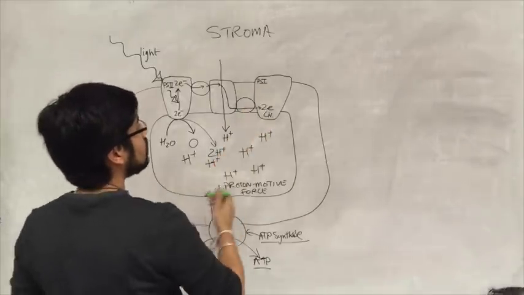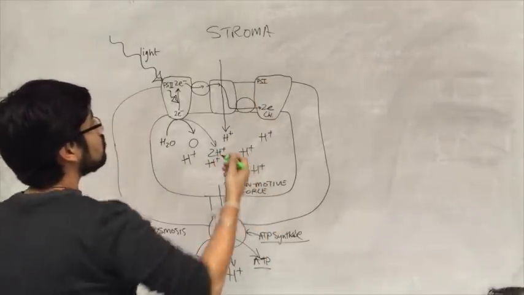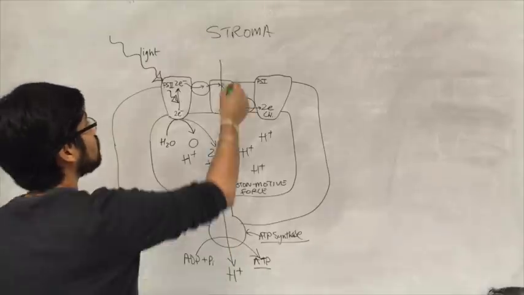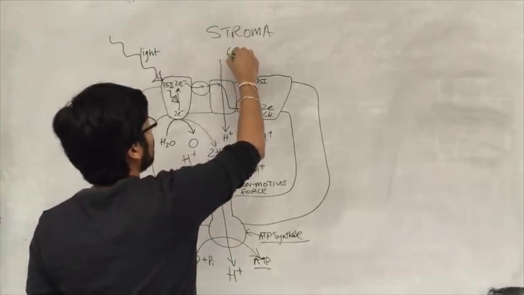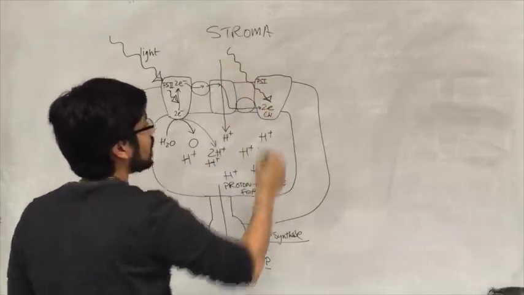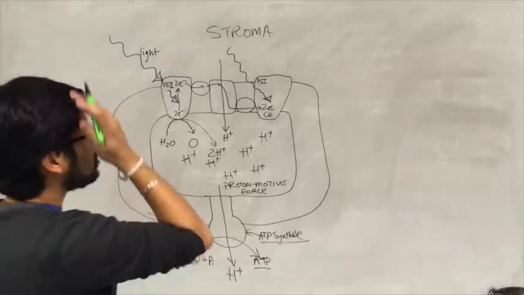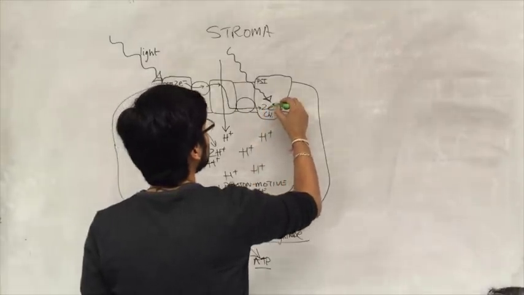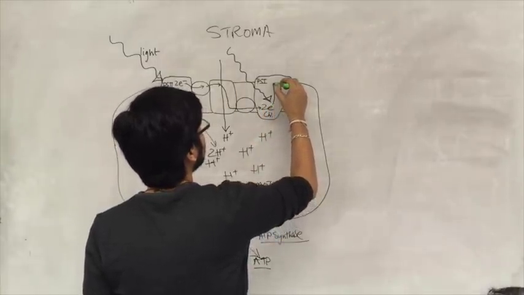entered photosystem 1. Now that's our clue. Photosystems absorb light and do something with that light energy. And in this case, we raise the energy level of these electrons again.